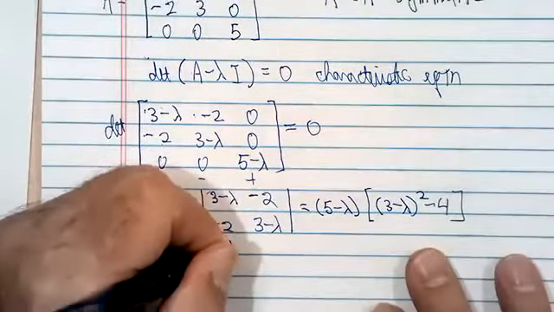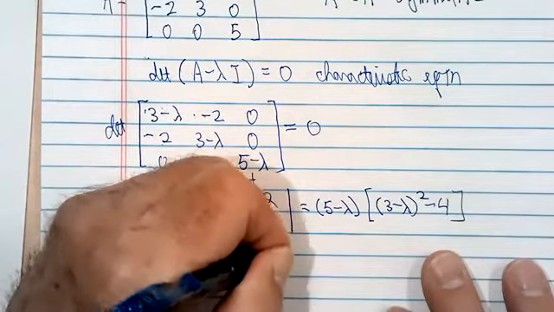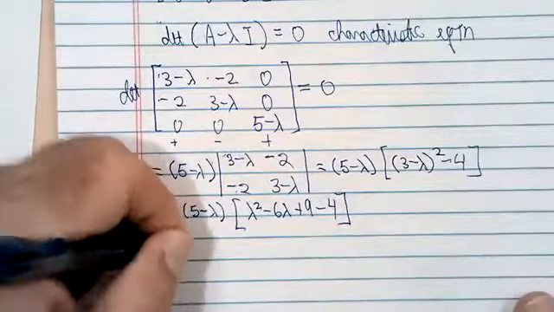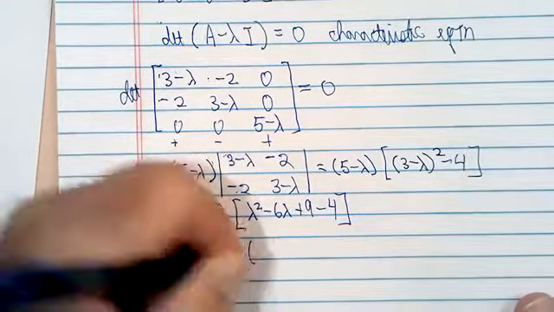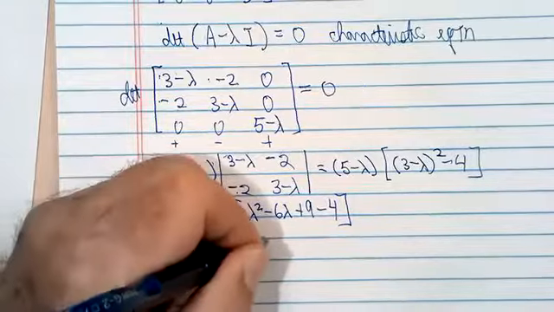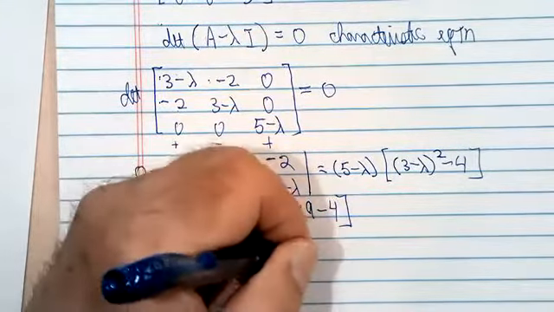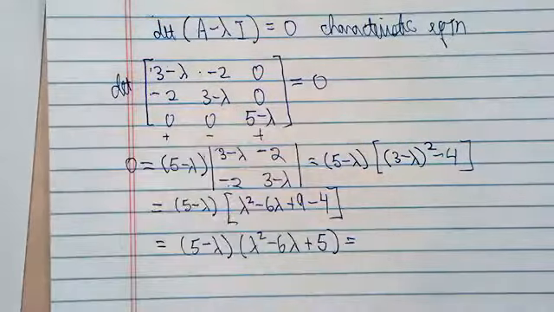So lambda squared minus 6 lambda plus 9 minus 4. And now that is 5 minus lambda times lambda squared minus 6 lambda plus 5, since 9 minus 4 is plus 5. And that is nicely factorable.